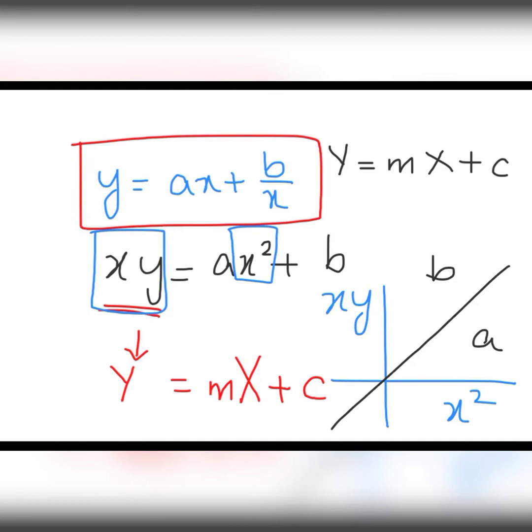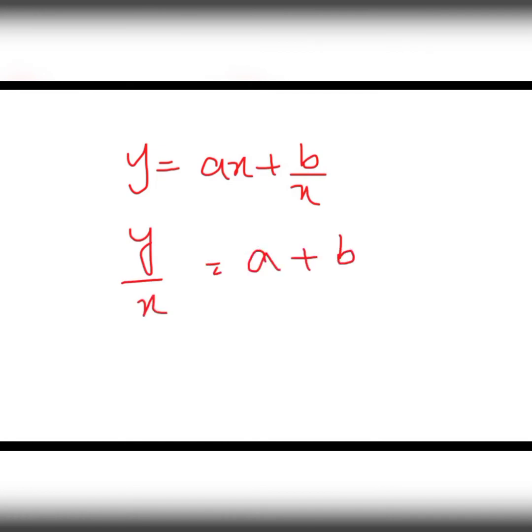So now I brought it into linear form, and now when I plot capital Y against capital X, I am going to get a linear graph. Or another thing I could have done with this very same equation was that I could have divided this equation by x. So that would have become y upon x is equal to a plus b upon x squared.